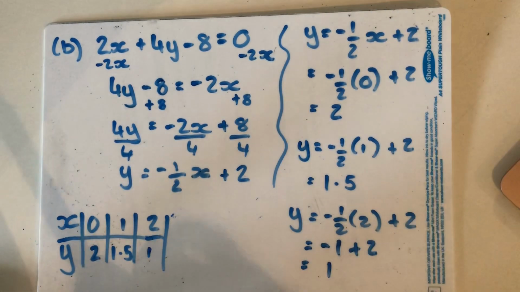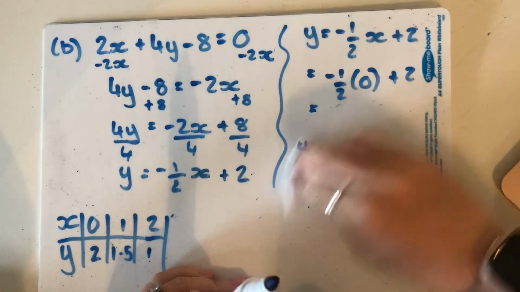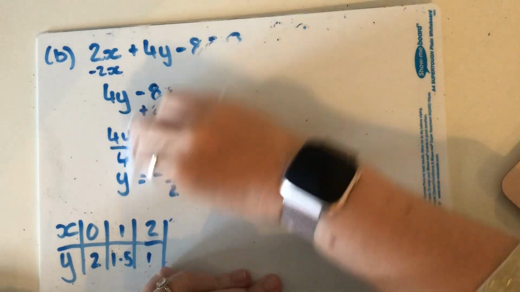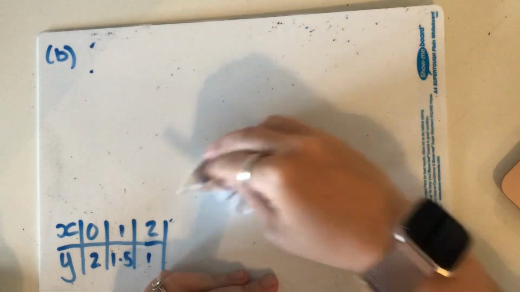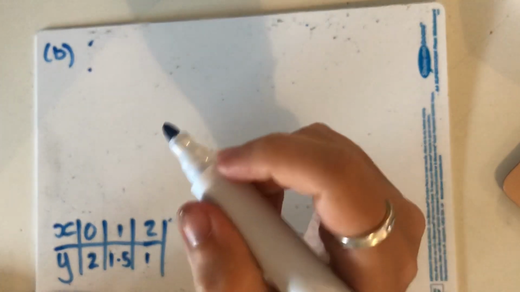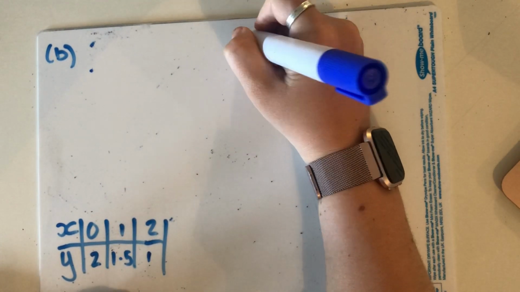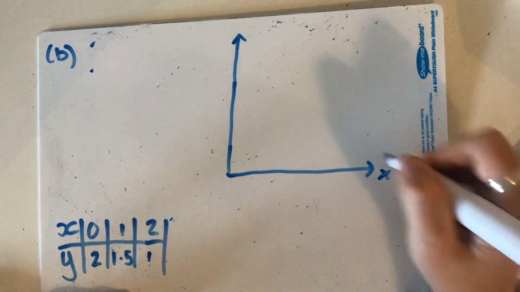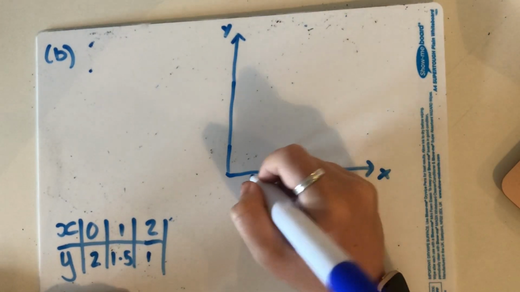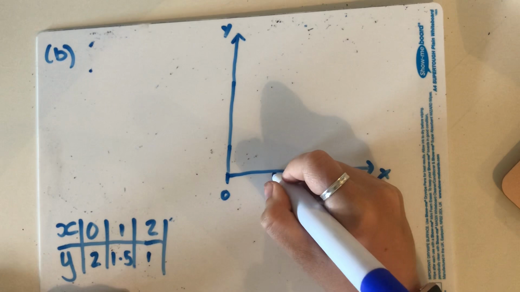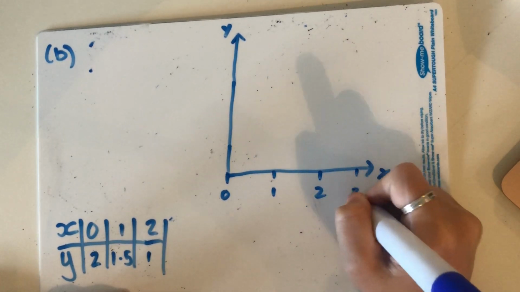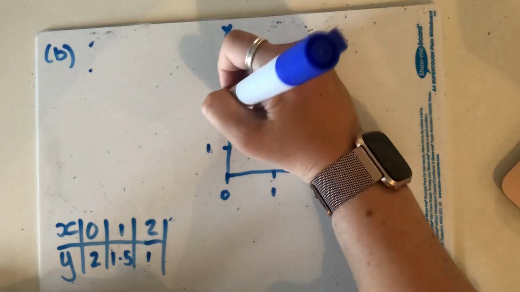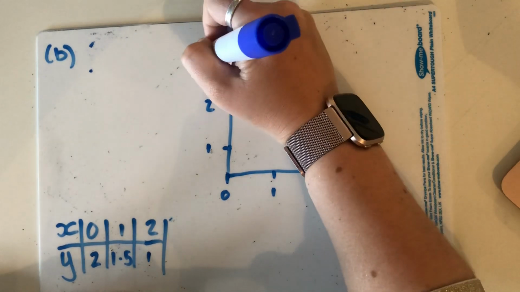Okay, so I'll just rub this out so I've got space to draw the graph. Okay, so draw your axis, label your x and y. Okay, so x, I've got 0, 1, 2, I'll just go up to 3. Okay, and then 1, 2, 3.